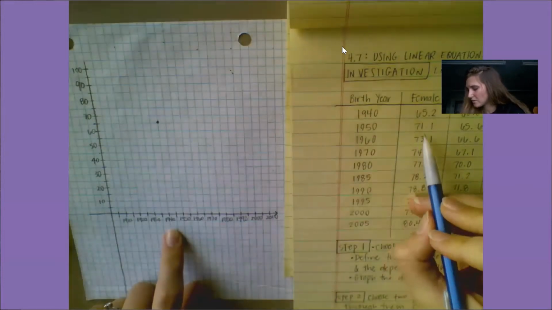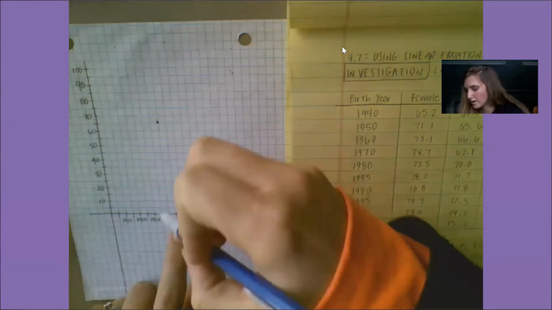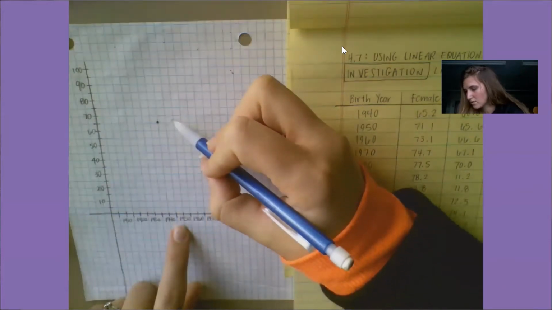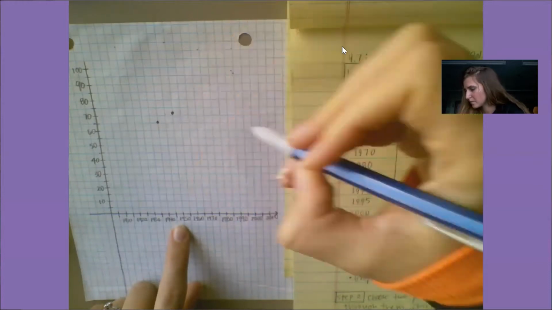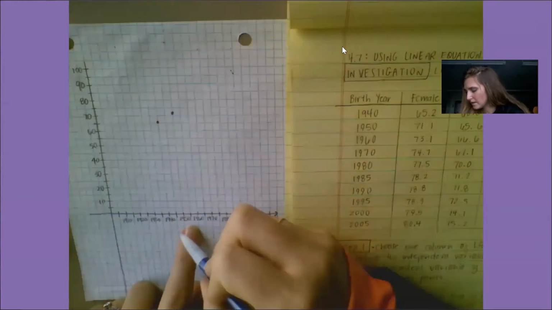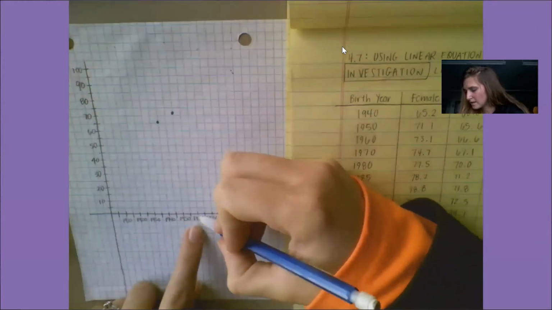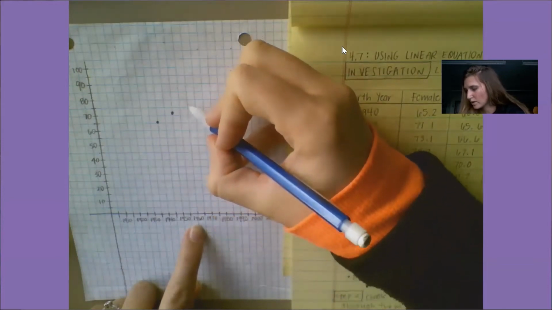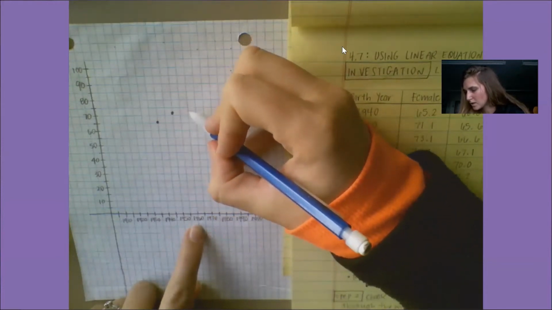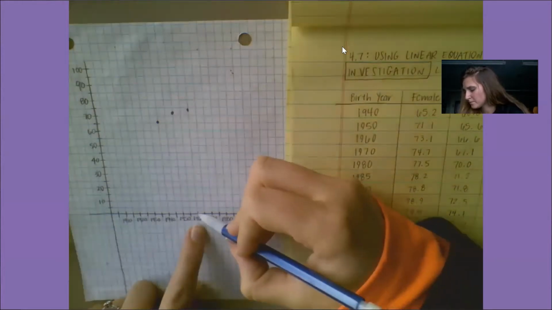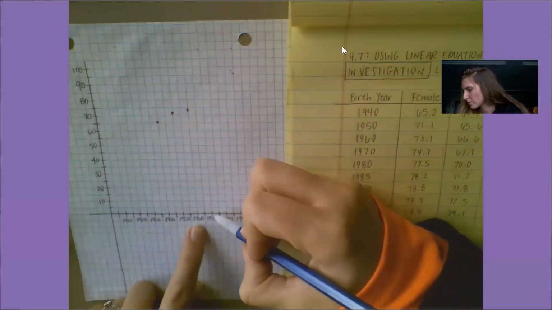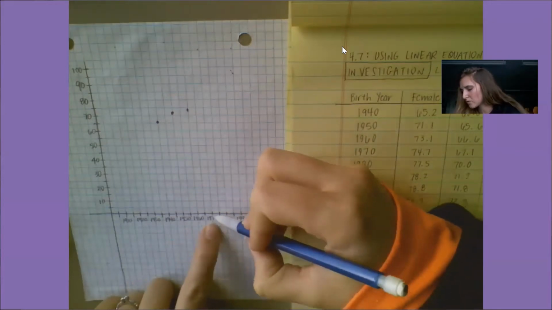Then in 1950, it's 71.1. 1960, go over to 1960 and then up to 73.1. That's right in there. And then 1970 is here, and then up to 74.7.